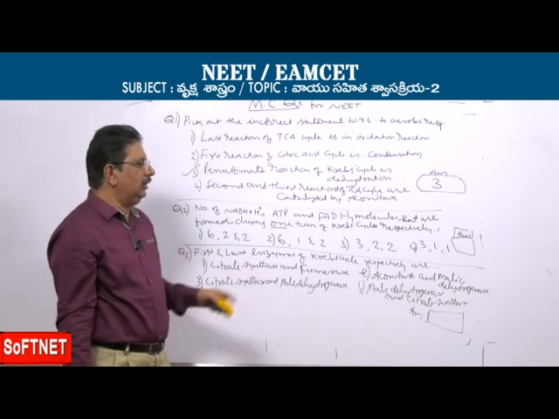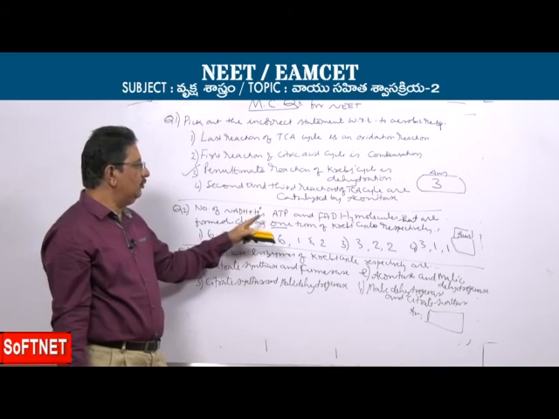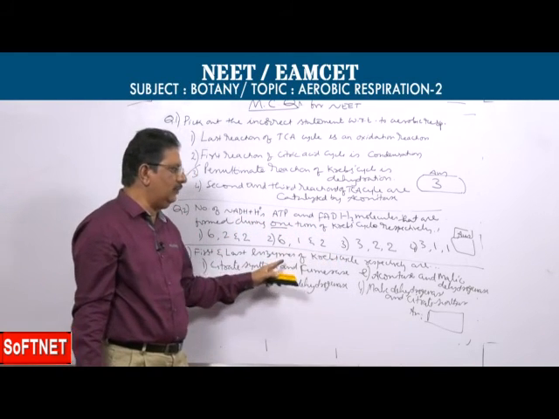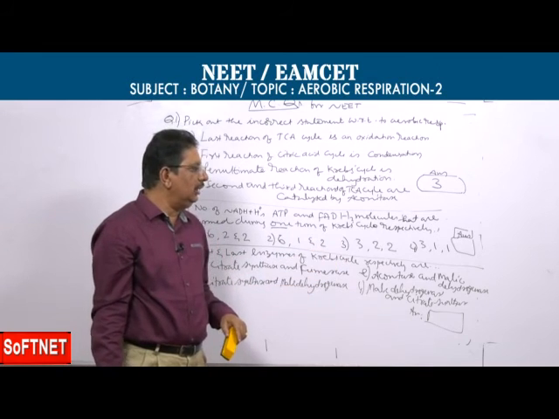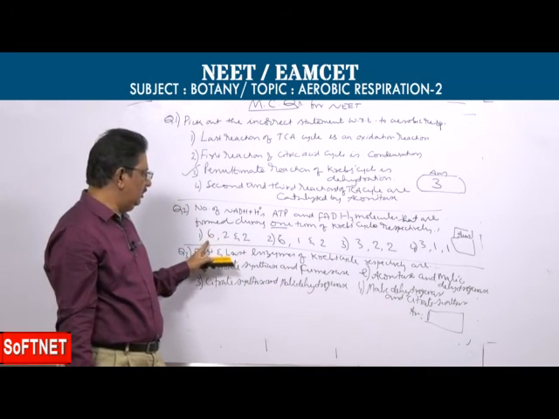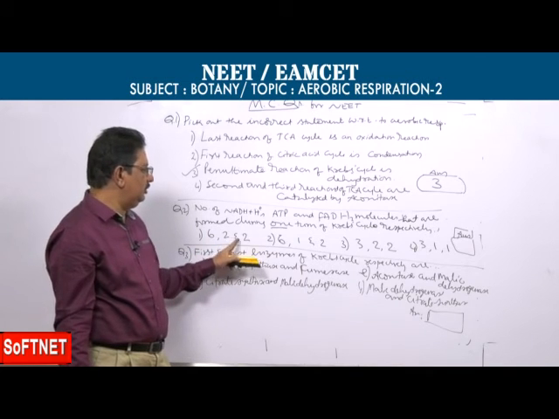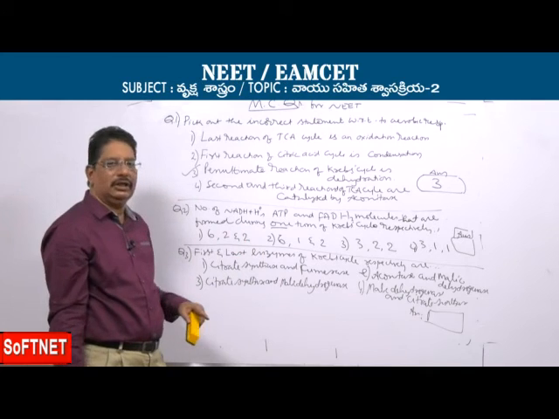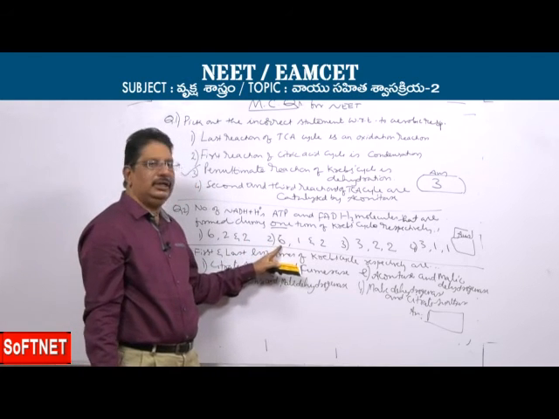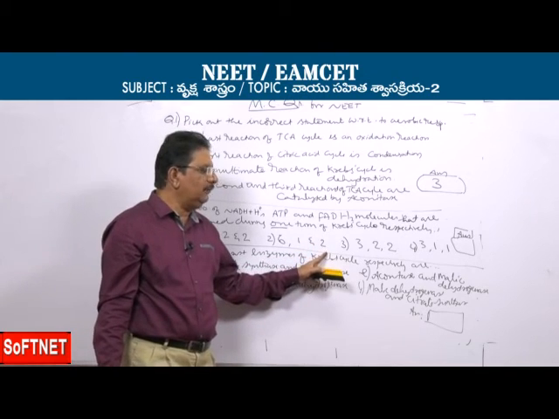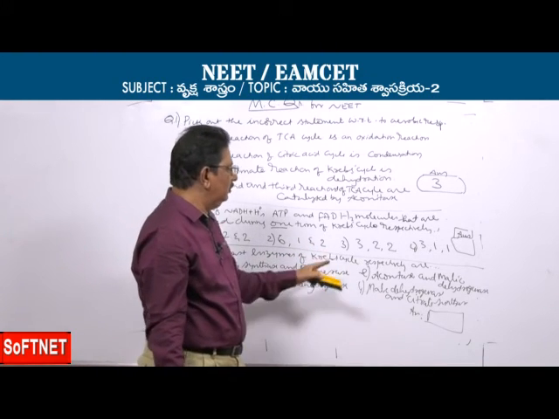So, recall the cycle. During one turn of Krebs cycle, how many NADHs, how many FADH2s and how many ATPs are formed. So, given 6 NADH2s, 2 ATPs and 2 FADH2s. I think it is not correct. 6 NADHs, 1 ATP and 2 FADH2. This is also wrong.